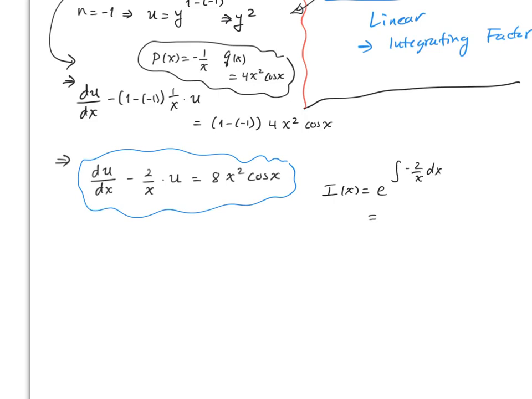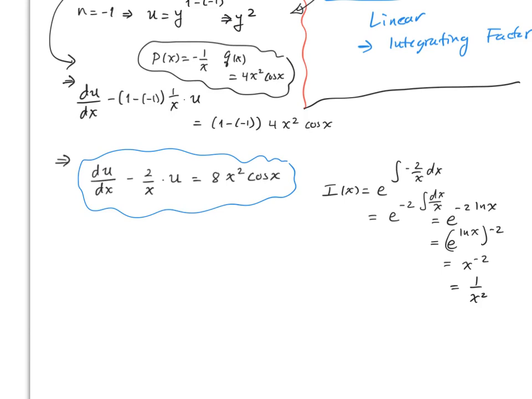Now we did this a few times. Remember, you have to be careful with this part because this is technically e to the -2 times the integral of dx over x, which is e to the -2 ln x, and you have to be very careful here. This is e to the ln x to the -2, which is technically x to the -2, or 1 over x squared.